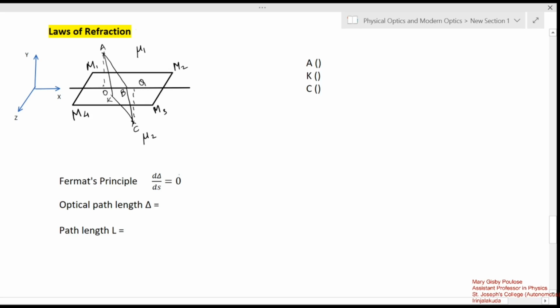Now let us try writing the coordinates of these points.